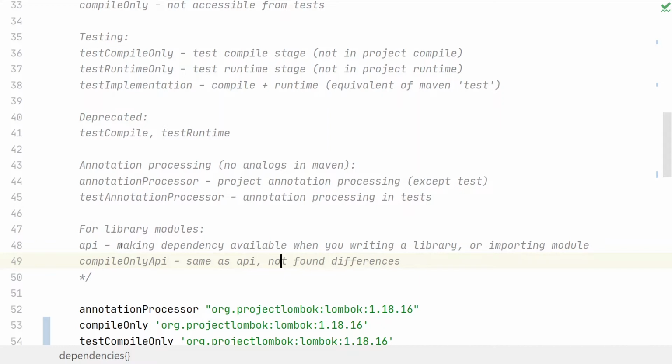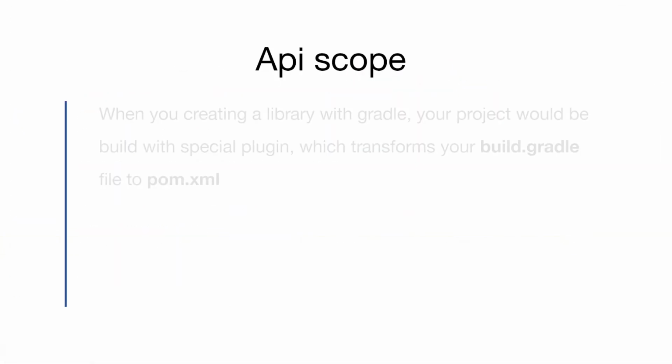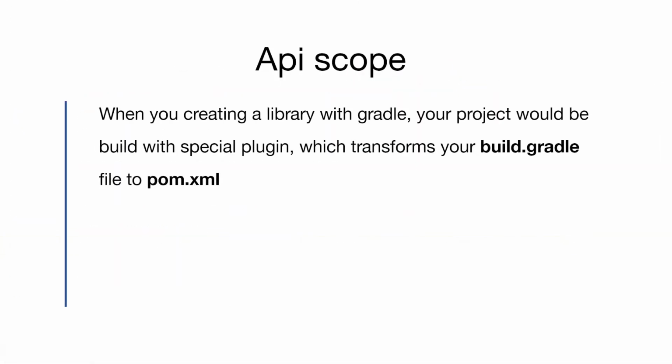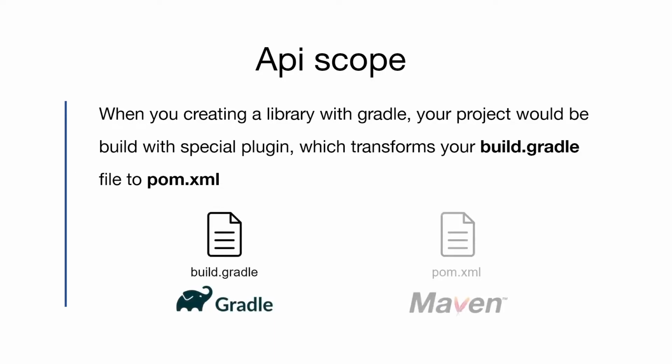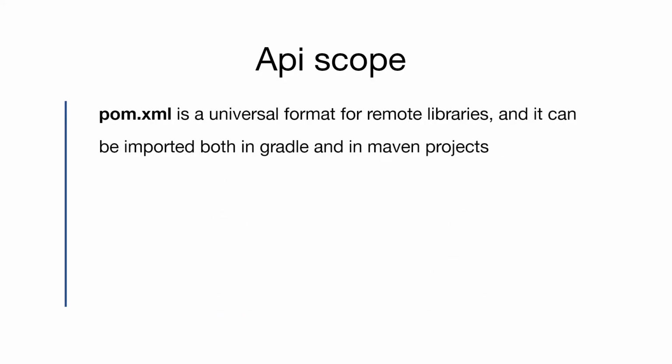And the last two dependency scopes are api and compileOnlyApi. api makes the dependency available when you write a library or an importing module. What does this mean? These scopes are applied when you're creating a library. In such a case, your project is built with a special plugin, which transforms your build.gradle file to pom.xml, because it's a universal format for remote libraries.